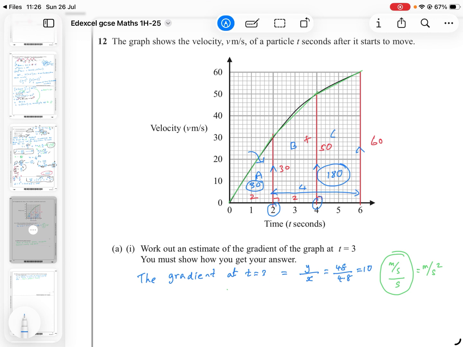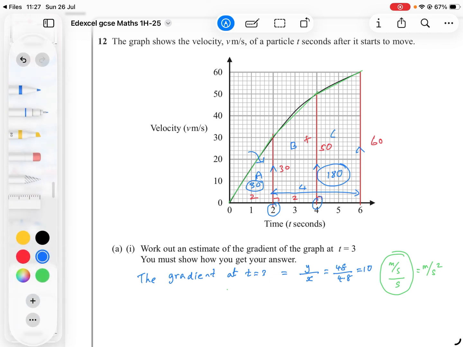We can put the letters in here: this one P, this one Q, this one R, this one S, this one T, this one U. So PQ, RS and TU are equal strips. The distance is 6 divided by 2, giving 3 strips.